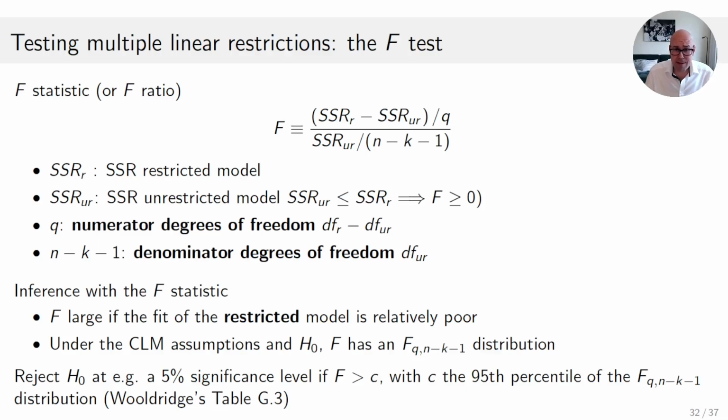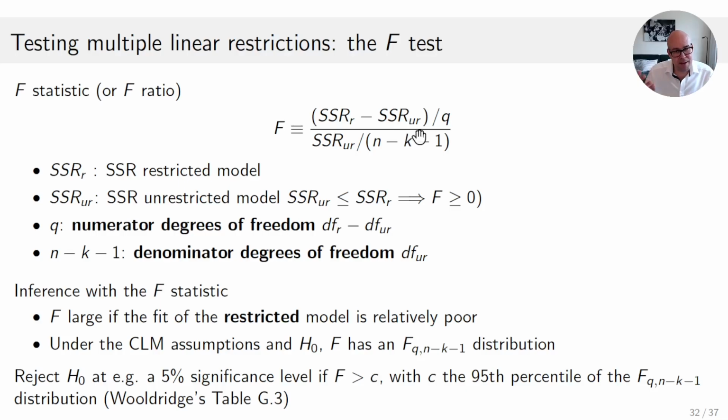So for that reason, it's meaningful to compare the residual sum of squares, or sum of squared residuals, as it's written here, for the restricted model to the one of the unrestricted model.